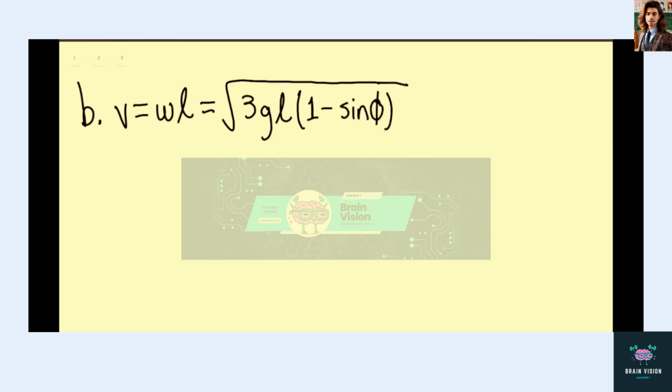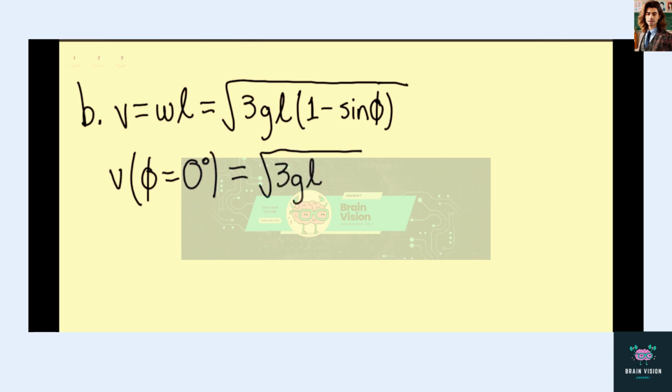So when we want the linear velocity at phi equaling 0 degrees, this is simply going to be equal to the square root of 3gL. This would be our answer for part B.